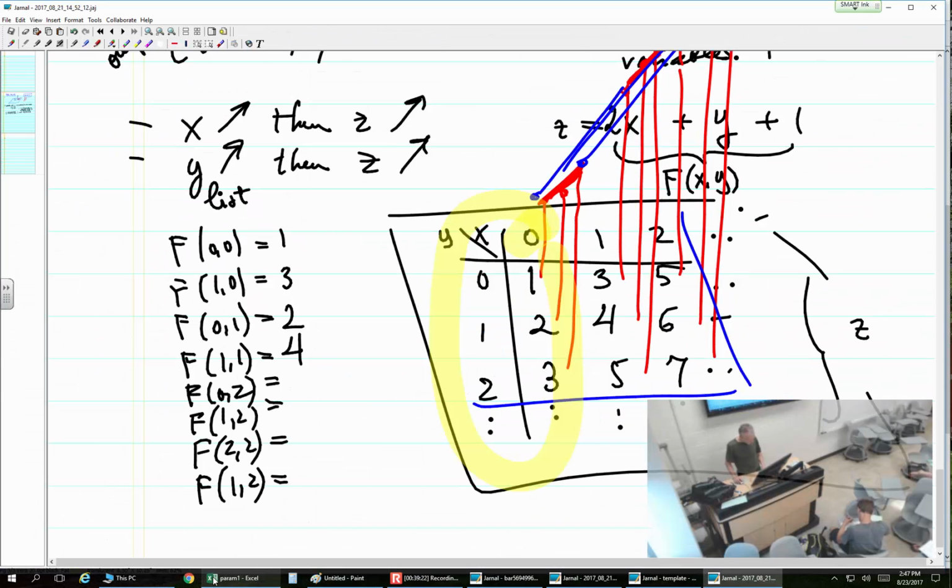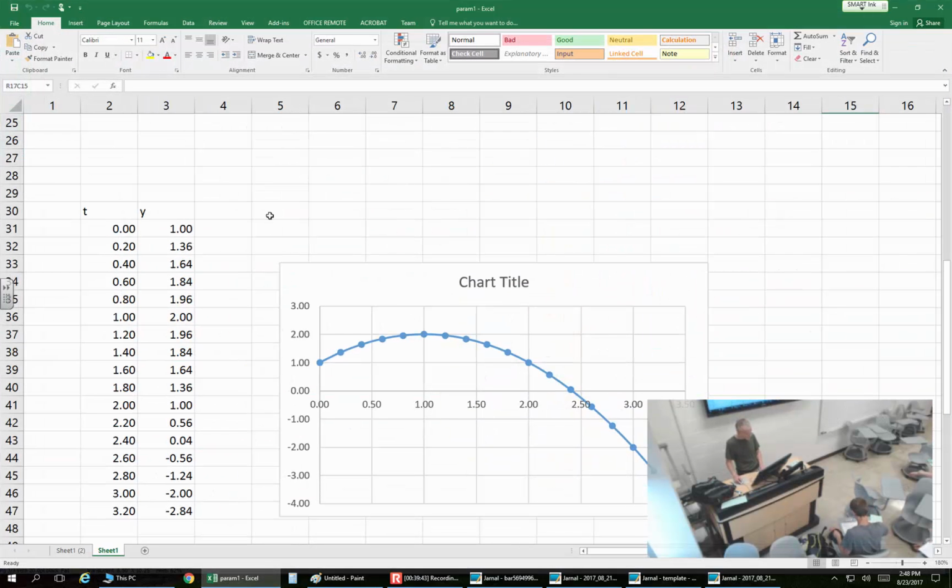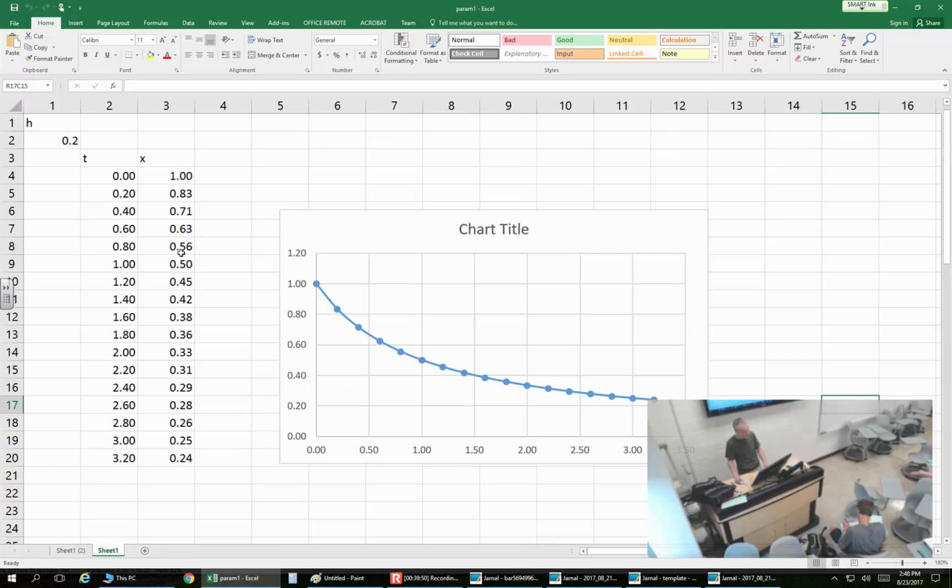Okay, so let's try to do that. This is a multi-step procedure, but we have a couple minutes left, so let me at least get started on plotting something more reasonable based on this formula. So I will have to have x's and y's plotted separately to begin with, but in a manner similar to what we already had. So we will have x going horizontally, y vertically, and once again there will be a step h.